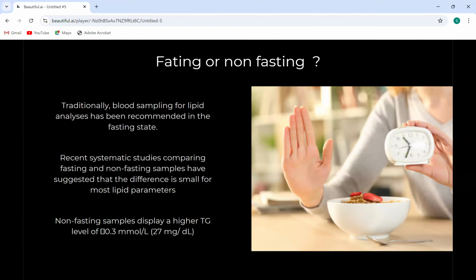Most of the time the non-fasting sample will have a higher triglyceride level, usually by about 25 to 27 milligrams per deciliter. If you think the patient's triglyceride is not very important, or you want to do a lipid profile as a screening, sometimes patients in the primary care setting find it difficult, for example people who are working or have busy schedules, then you can even order a non-fasting lipid profile. There won't be a big difference.